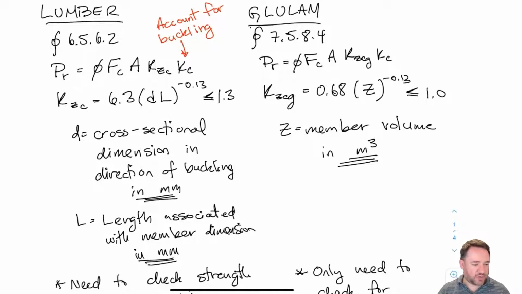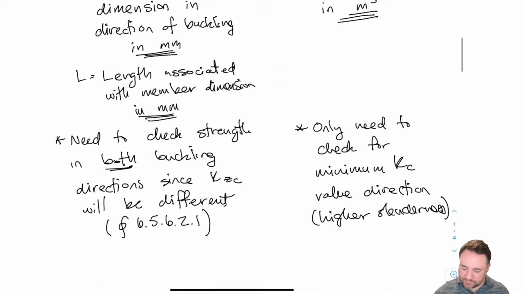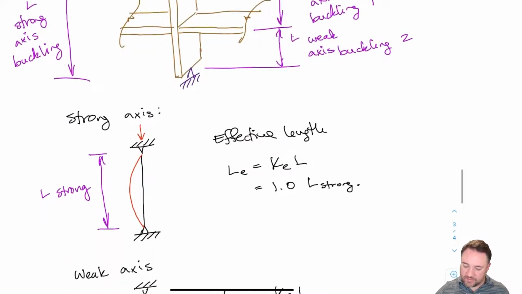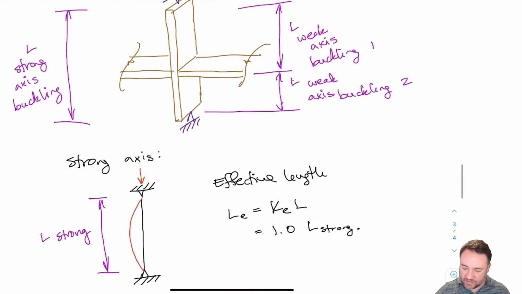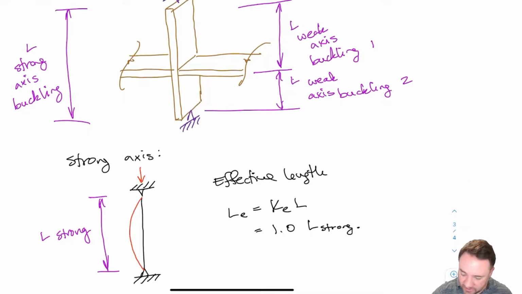For the case we're looking at, if I'm talking about strong axis buckling, my D is going to be the strong axis dimension, the large dimension, times the full length. So my D is the long dimension, this one here, and my length is going to be the total buckling length, because that is the strong length.